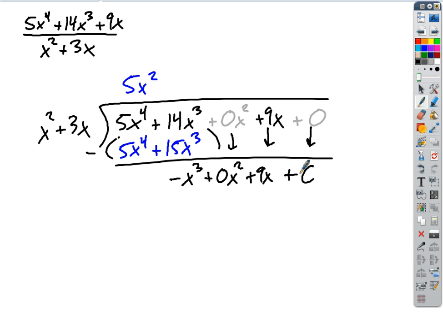So the next term is negative x, and we'll distribute that to both parts. What is negative x times x squared? Said that wrong earlier. Negative x cubed. There's our negative x cubed. Negative x times 3x is negative 3x squared, and we're subtracting the whole thing, right?